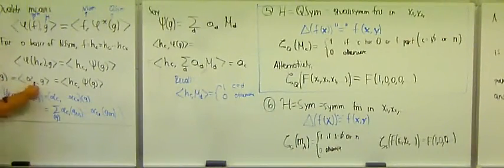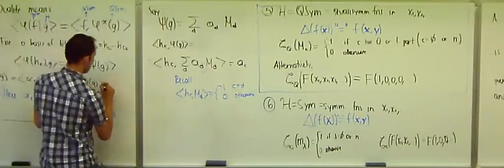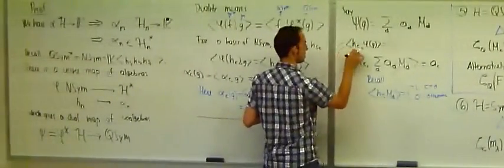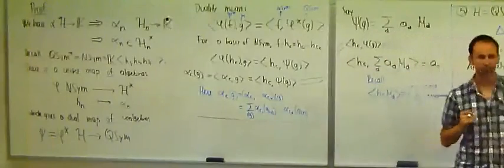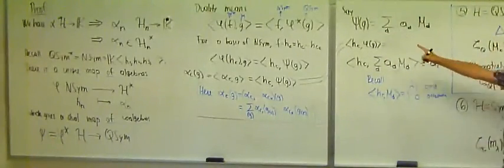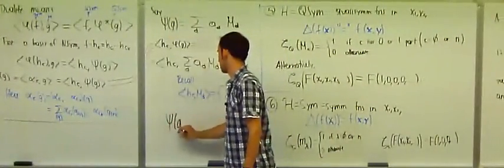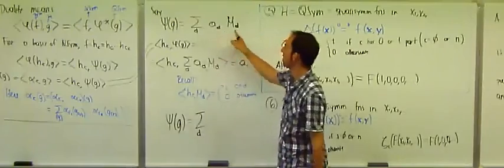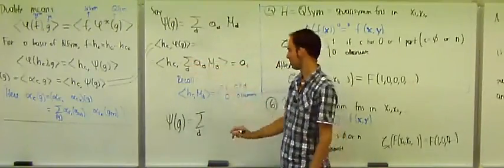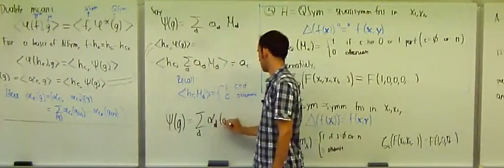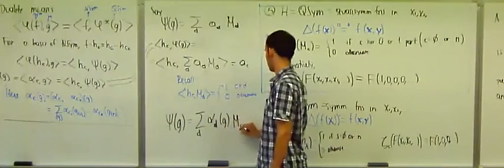It's equal to this, which is equal to this, which is equal to this, which is equal to this. Right? So what do I have? I have phi of G is equal to the sum over all the different D's of AD MD, where AD is given by that. Alpha D of G MD.